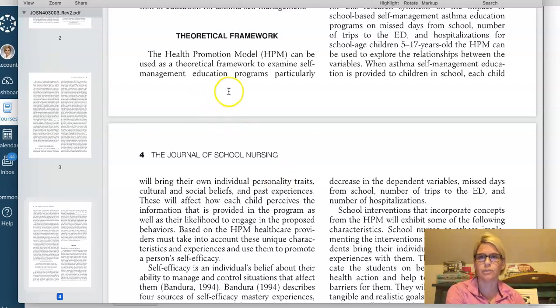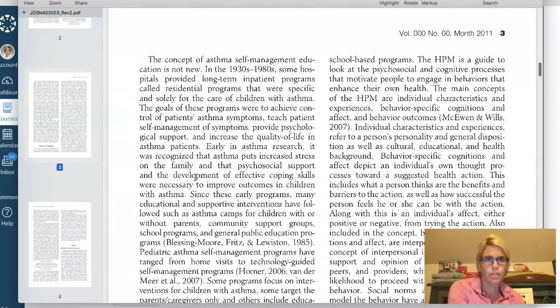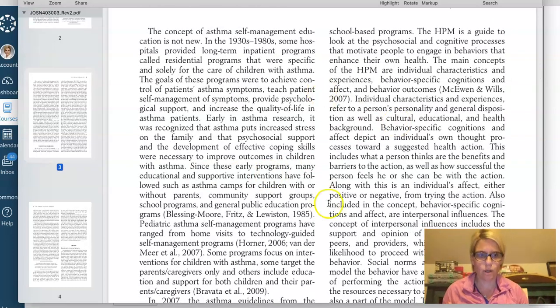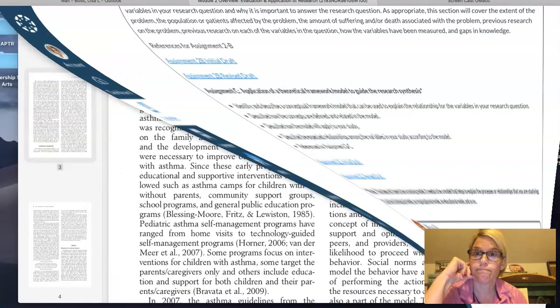She starts out saying that the health promotion model can be used to examine self-management education programs, particularly in school-based programs. So the first requirement, let me pull that up again: describe the conceptual model. Okay, so that's what she did.